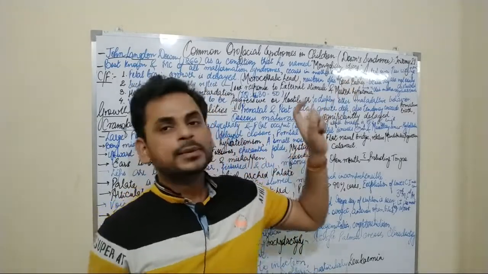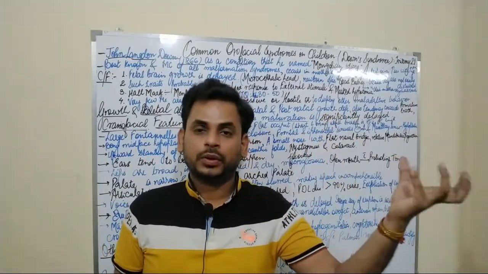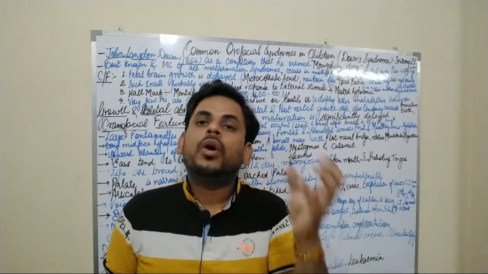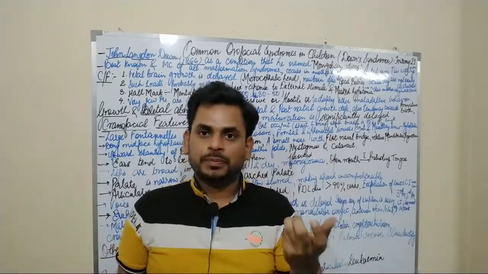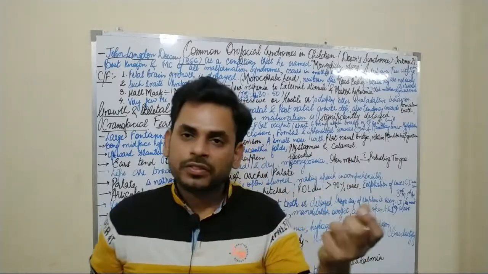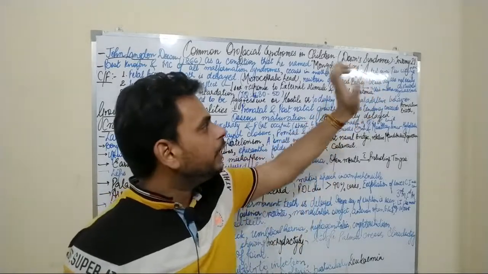But in trisomy 21, in addition to the normal 2 chromosomes, there is an extra chromosome number 21.